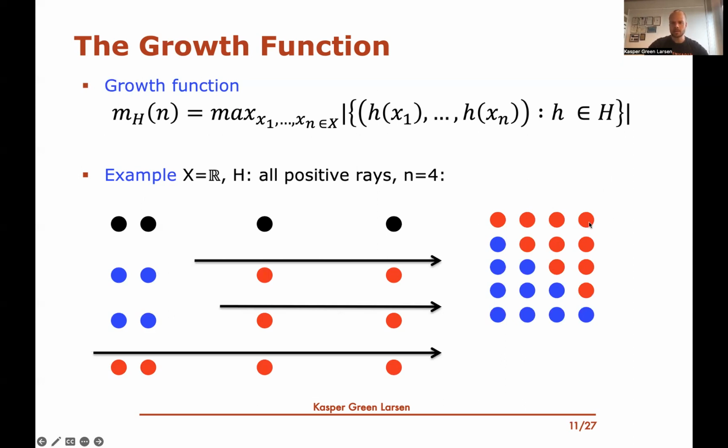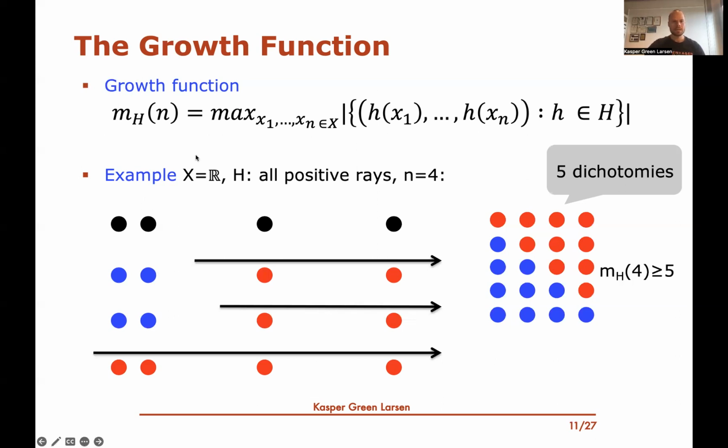You can either make all of them red, like in the last case, or you can exclude the first point and make the rest of them red, exclude the first 2 points and make the rest red, exclude the first 3 points and make the rest red, and maybe exclude all of the points from the ray and make all of them blue here. So there are these 5 different labelings of these 4 points, and each of these 5 rows is what we call a dichotomy. So there are 5 dichotomies we can generate here.